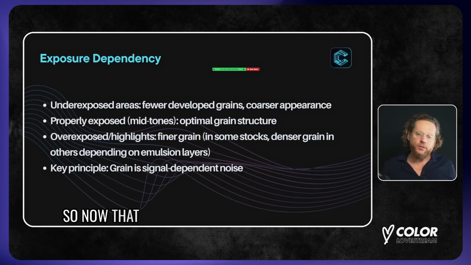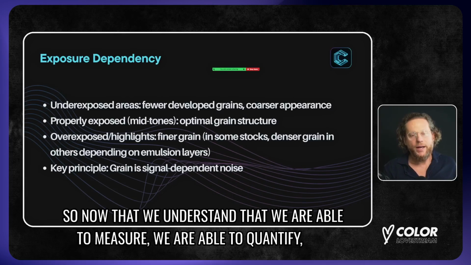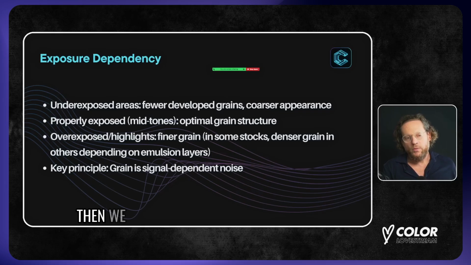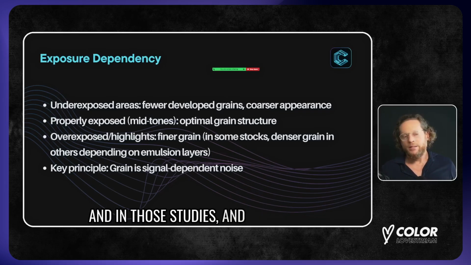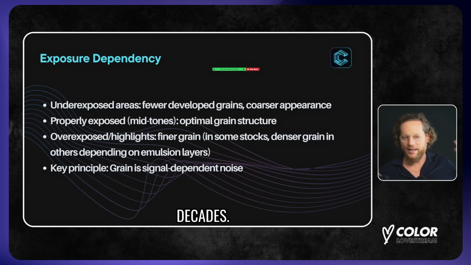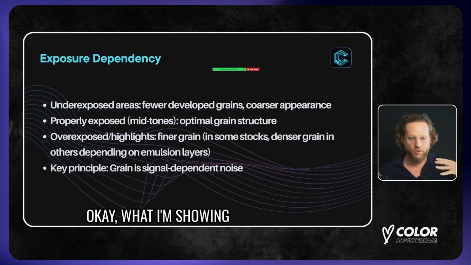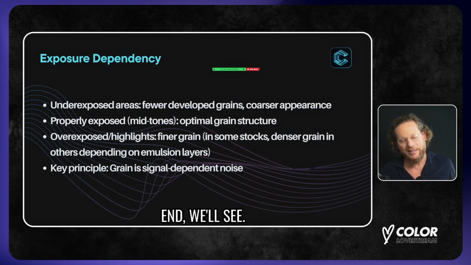So now that we understand that we are able to measure and quantify, then we study what happens with grain. And by the way, these studies have been going on for decades. What I'm showing you here, there are some things that are new. At the end, we'll see.